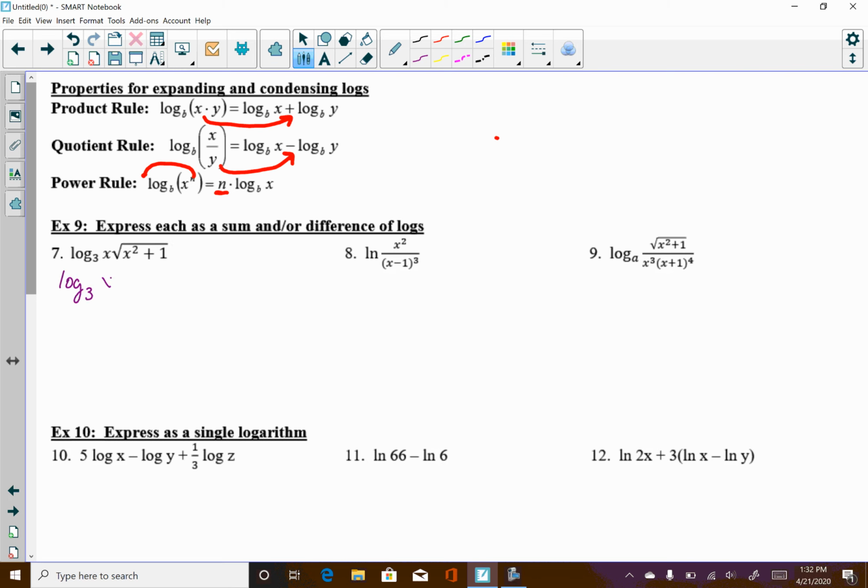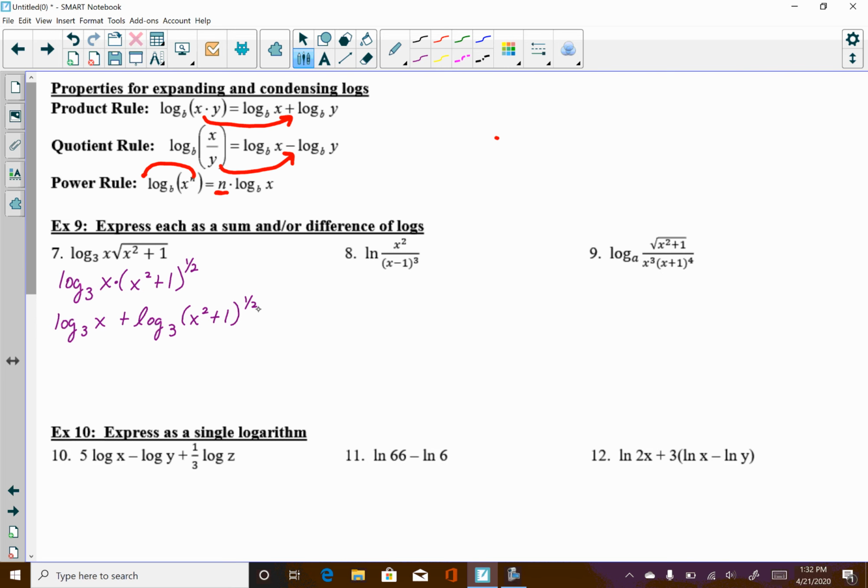Log base 3 of x times x squared plus 1 raised to the 1/2 power. Now from there, we know this is multiplication, so multiplication turns into addition. Break this up. Log base 3 of x plus log base 3 of x squared plus 1 to the 1/2.